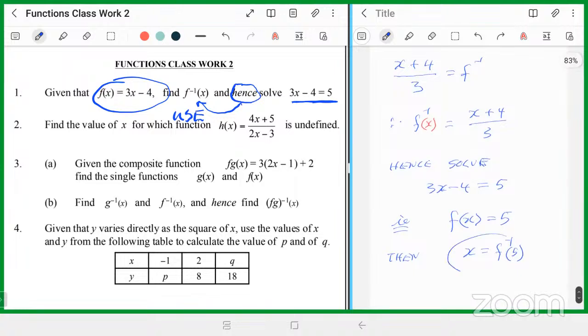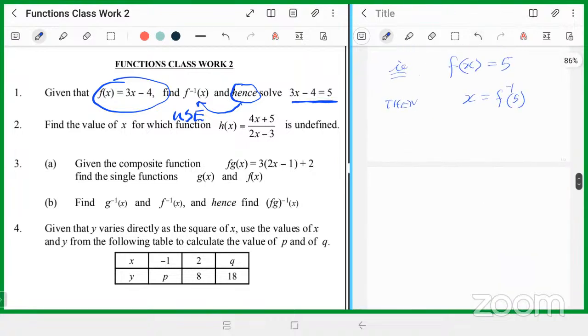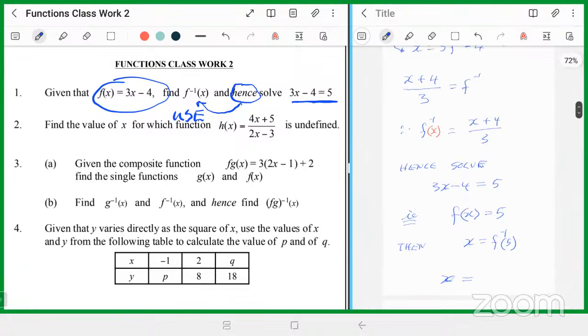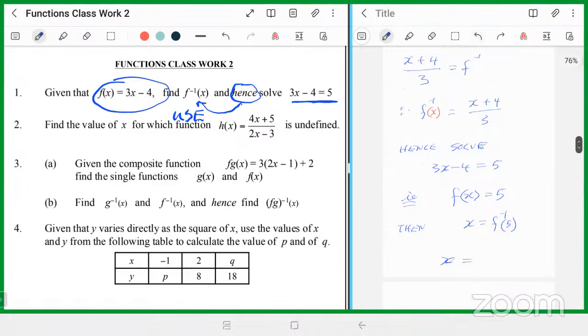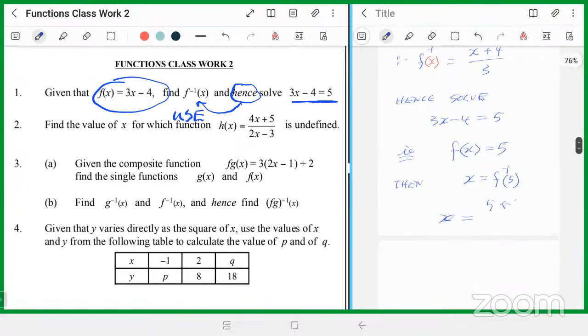So we're really just solving this. And to solve this, all we have to do is put the 5 in the inverse function here. And so it gets the same answer as you would get to solve it normally. So x becomes equal to, if we put the 5 right here, 5 plus 4 on the numerator divided by 3.